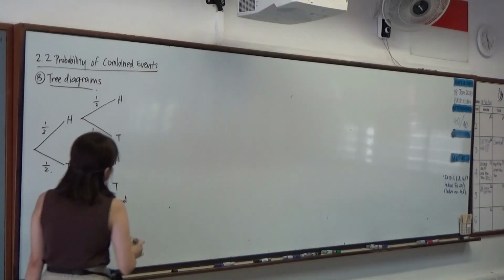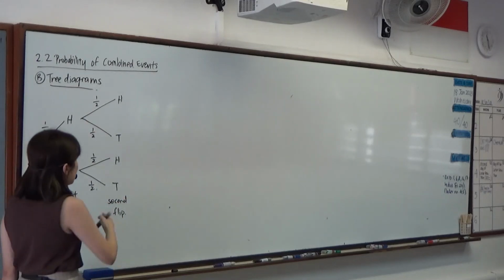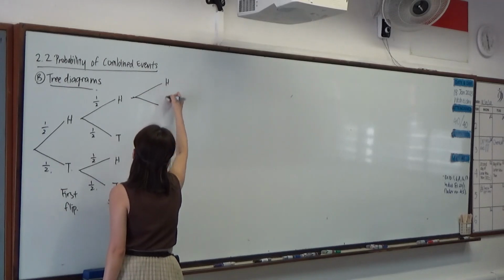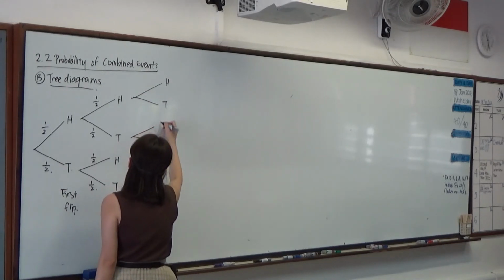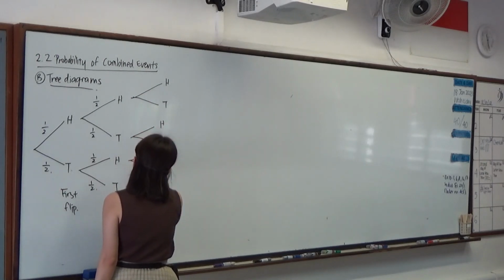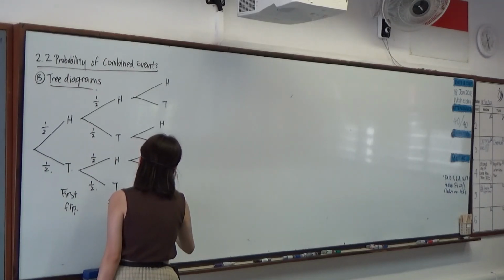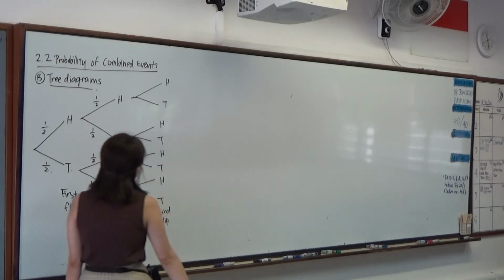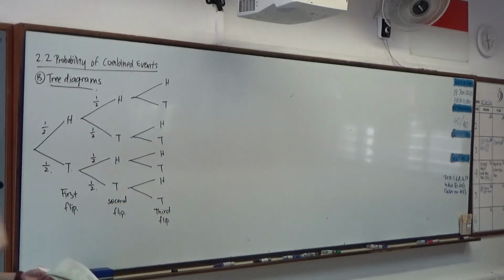In the 3 diagram itself, what it can cater to is for us to extend even further to do a third flip. And you notice that when I do a third flip, your 3 diagram can look even messier. If you like, of course, we can always extend it, 4th flip, 5th flip, and all that.